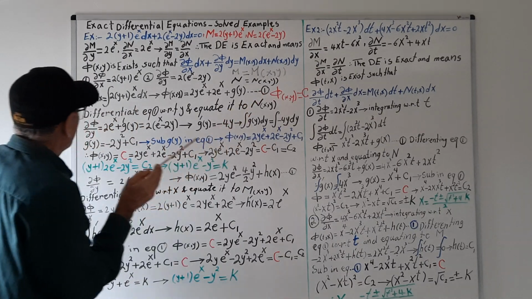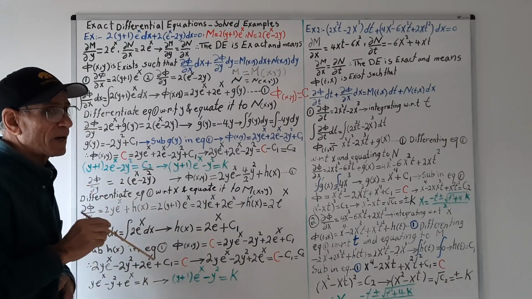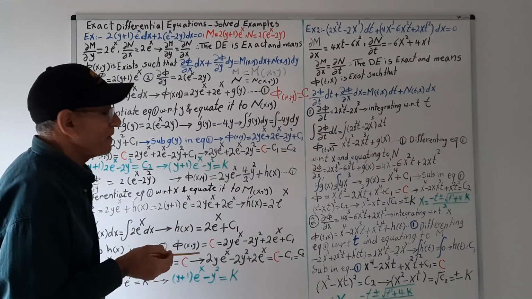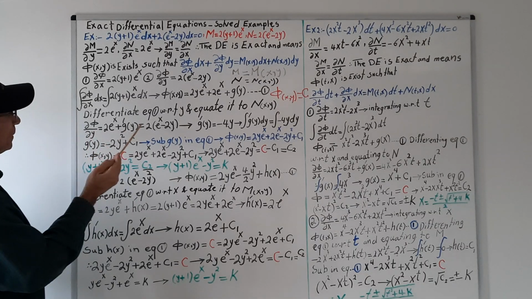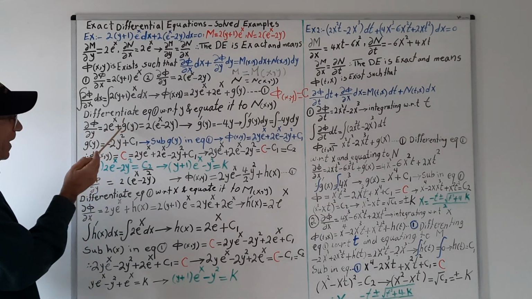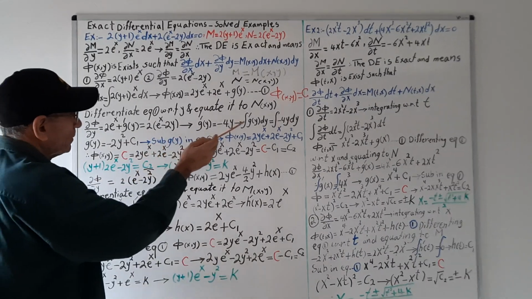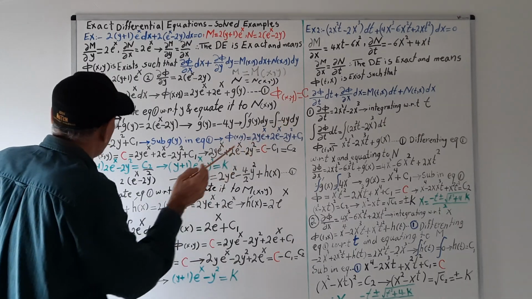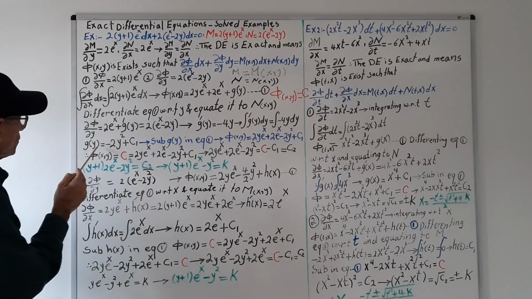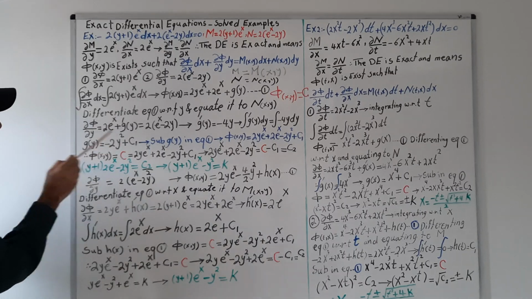This is equation 1. We differentiate equation 1 with respect to y and equate it to N. So here, then we find g prime of y by integrating both sides with respect to y, and we get g of y equal minus 2y squared plus c1.